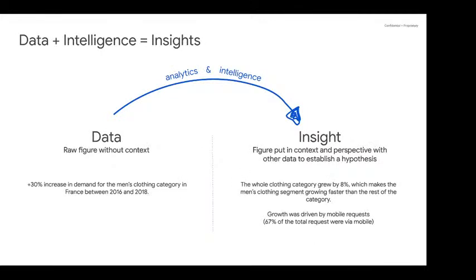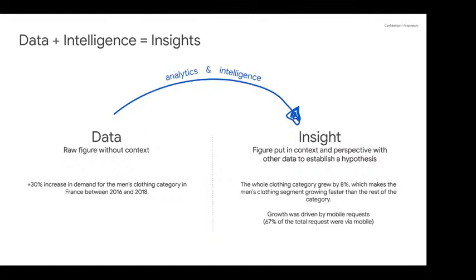But the most important thing here, and this is a piece of work that you'll need to do yourself, is that we're able to provide you with different data points and metrics. Data without context still gives you something to base your decision on. But I believe, and this is what I try to do in my job as well, that coming up with insights that are based on data is much more crucial.